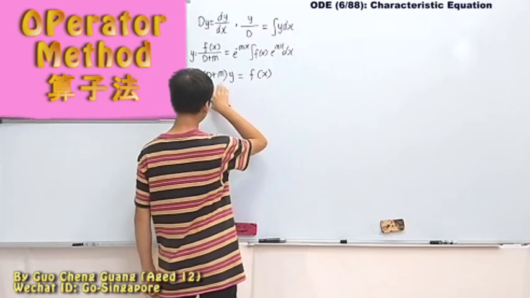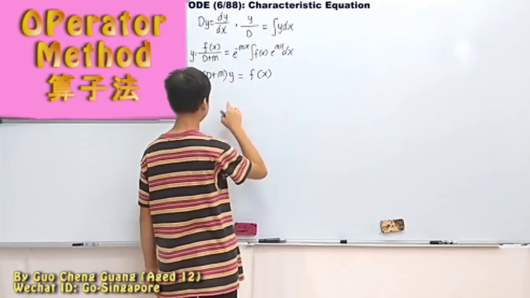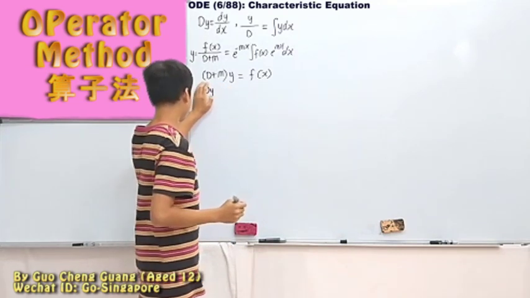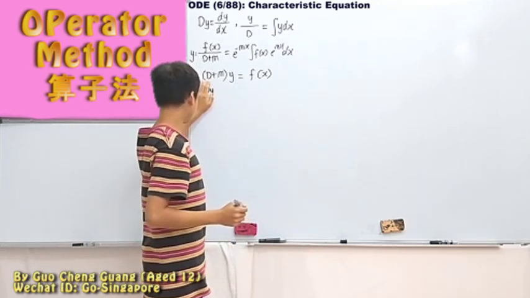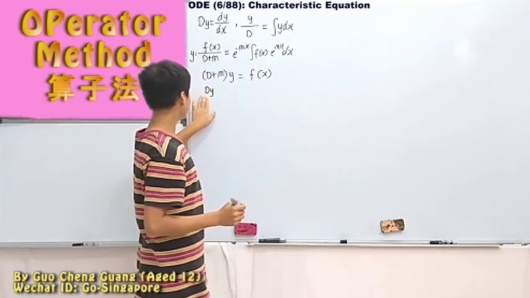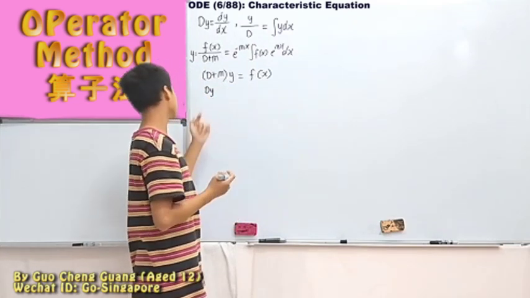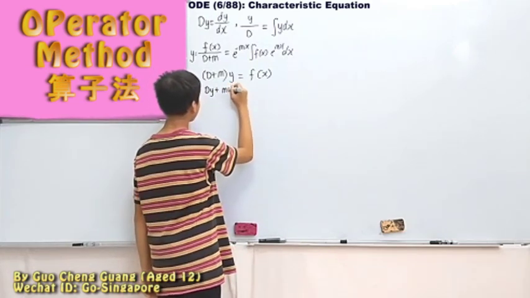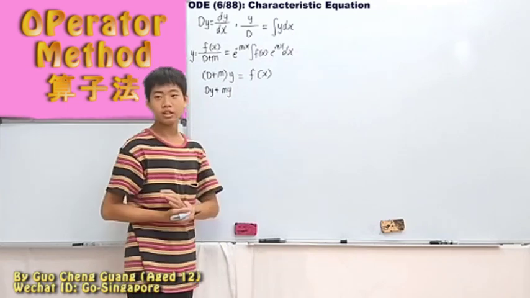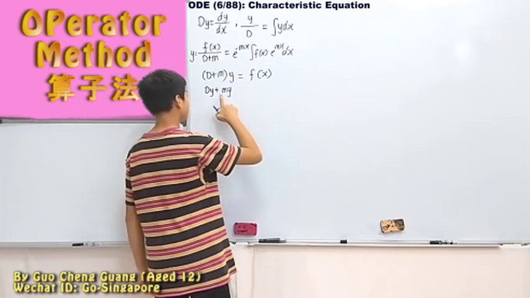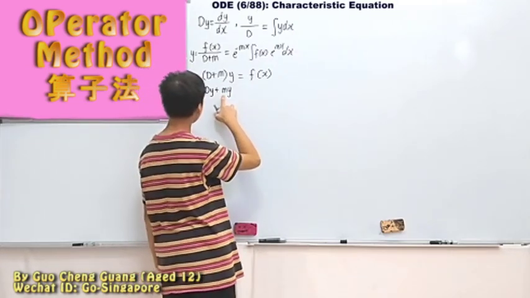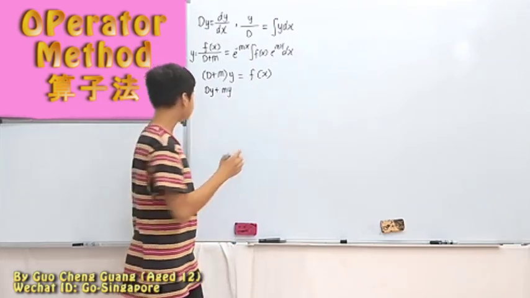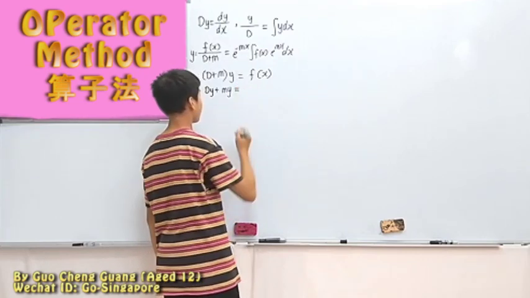Then from this part here, you put it back again. So first part, d plus m. D for this part, you differentiate y. So you get dy, or you can write it as y prime. Then plus my. This is m, well, m here is a constant. Then you times a y. Then you have it equal to f(x).